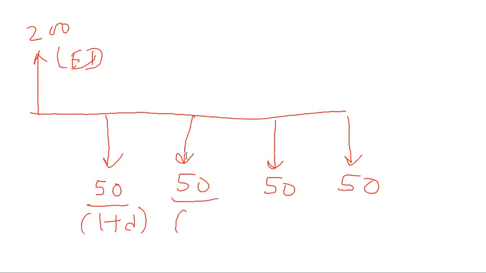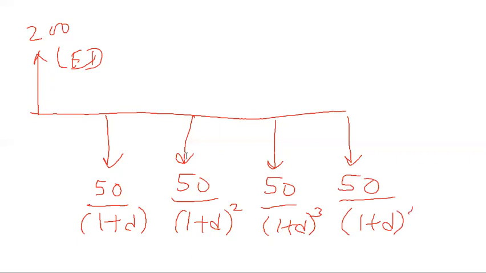This 50 is 50 upon (1 plus d) raised to the square. This 50 is again much less than the previous one. So how much is this 50? This 50 is 50 upon (1 plus d) cubed. And similarly, this 50 will be 50 upon (1 plus d) raised to 4.